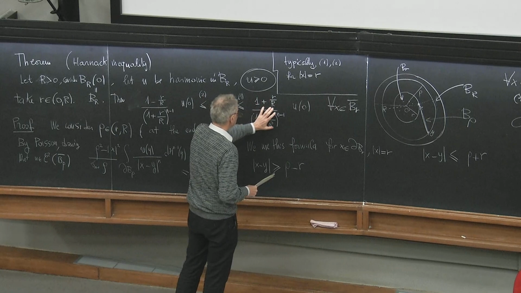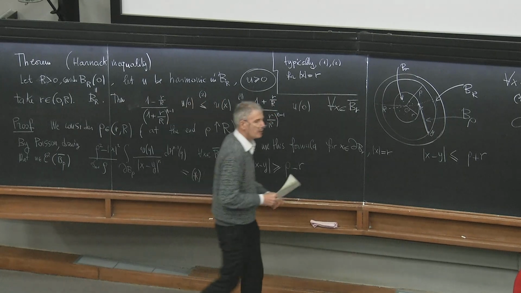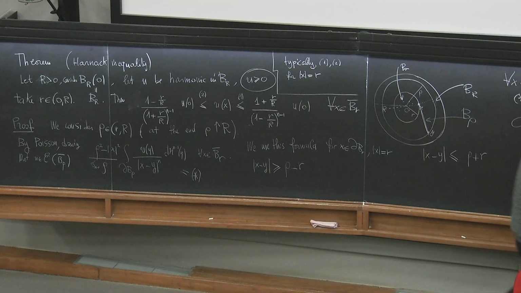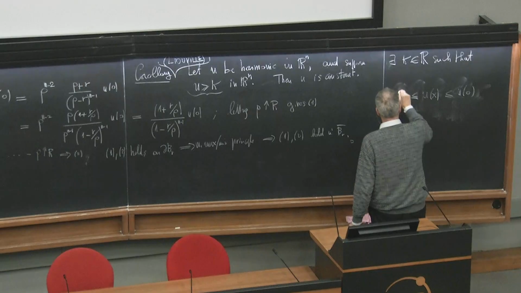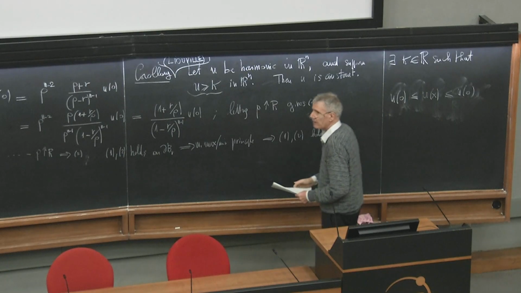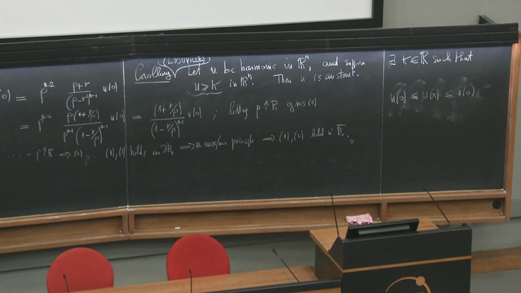Suppose you are able to force this constant to be equal to 1, then you get that u of x must be in between u of 0 and u of 0, and therefore u of x must be equal to u of 0. So can you play this constant to be 1?